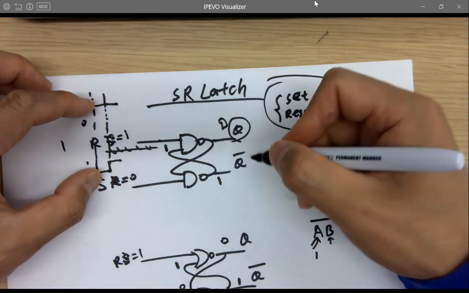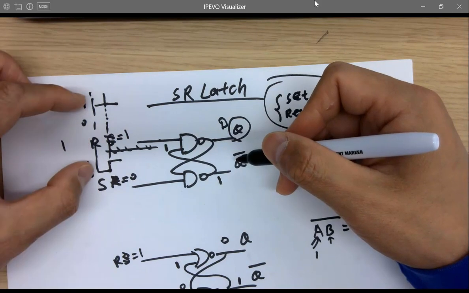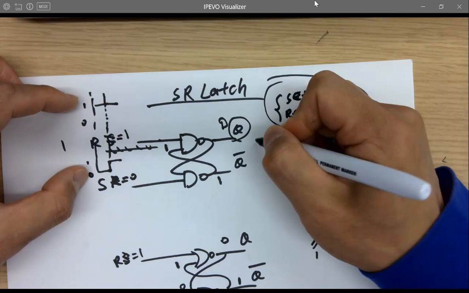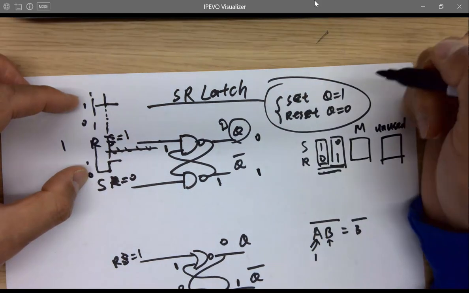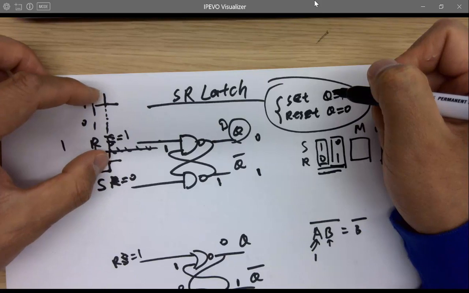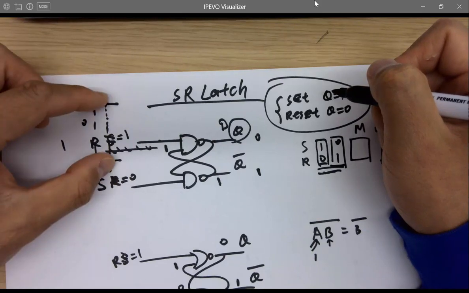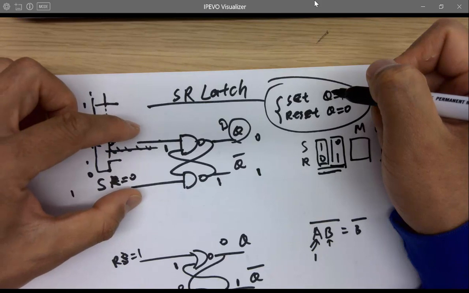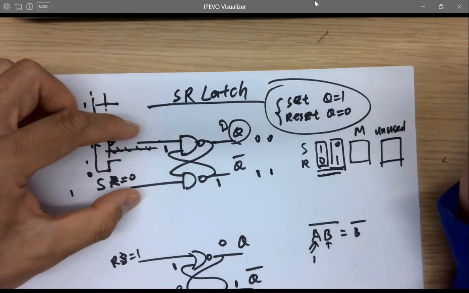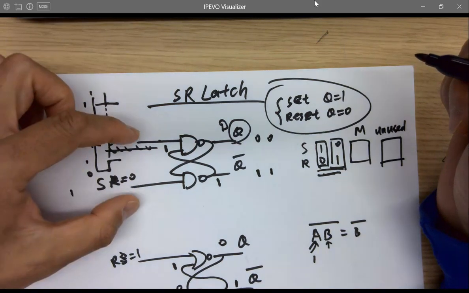What happened to the output if you have 1, 0 for S and R? We're getting 0, 1, right? Now in another clock cycle, it moves to 1, 1. This one got toggled. You got 1, 1. So what's going to happen? Stay the same. So it's a memory. It's not changing anything anymore, okay?